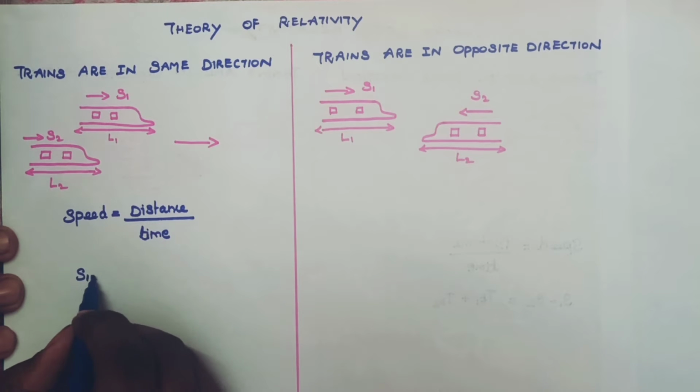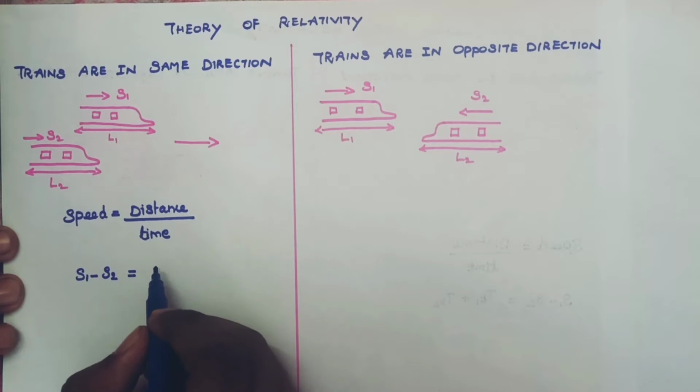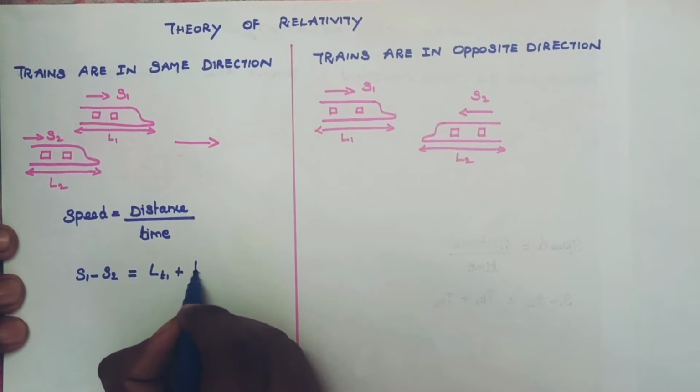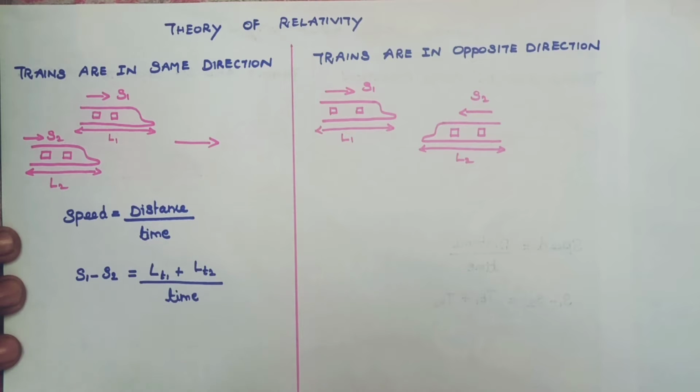Here the speed is S1 minus S2, that is equal to the distance, which is the length of the two trains, divided by time.